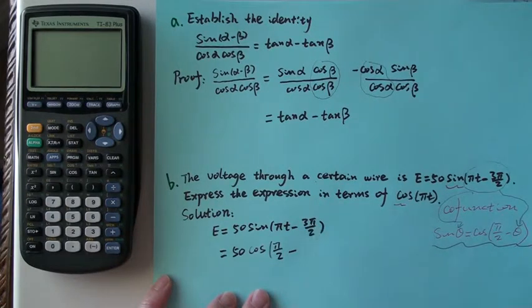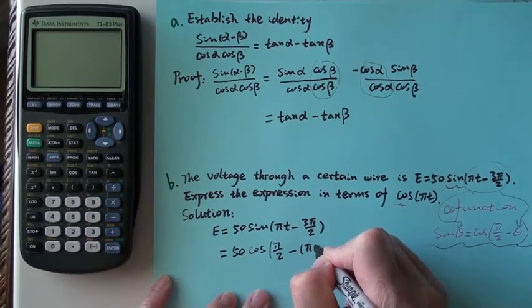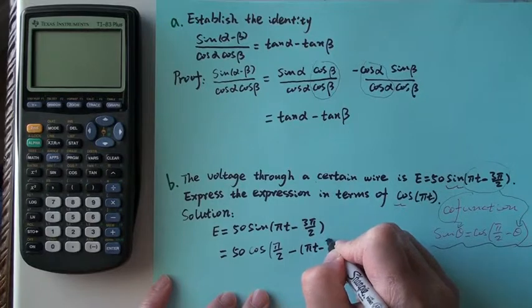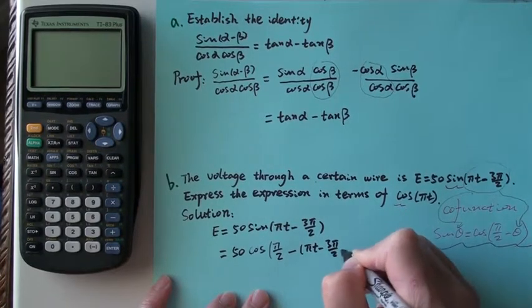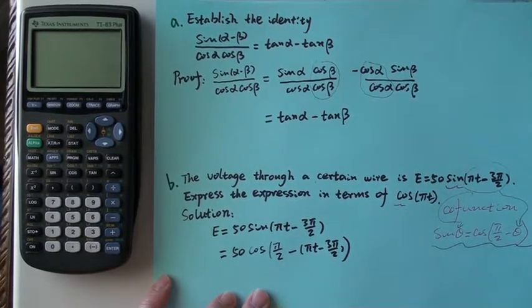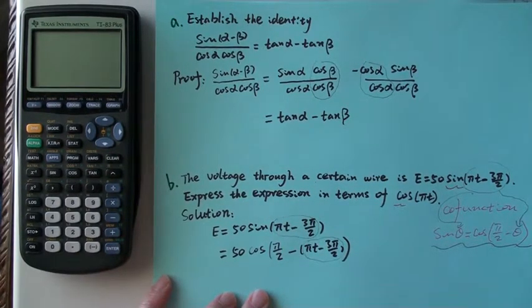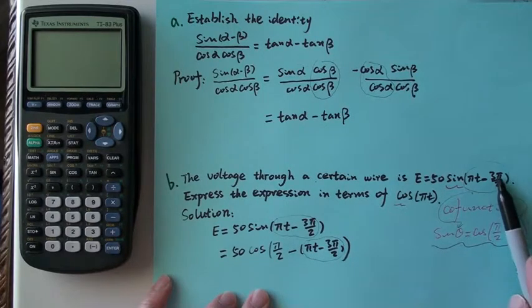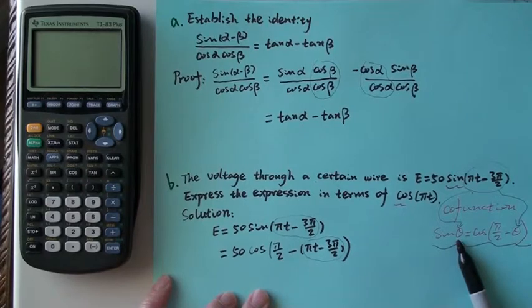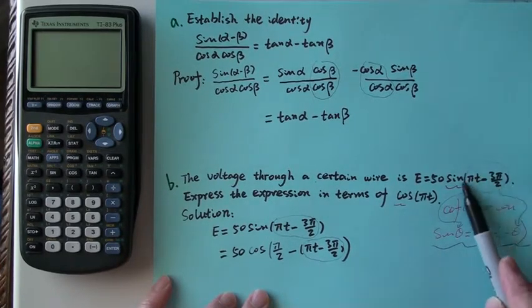This angle, pi t minus 3 pi over 2, this big quantity. Again, this big quantity is theta. You may not get used to it, but that's it. Then you want to simplify that. Replace theta with the big quantity.